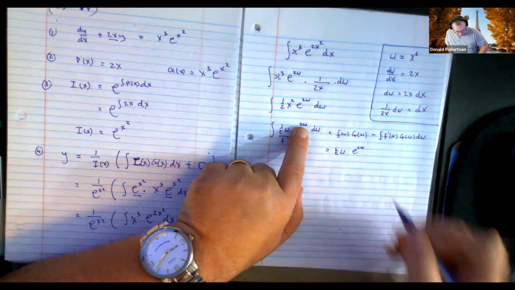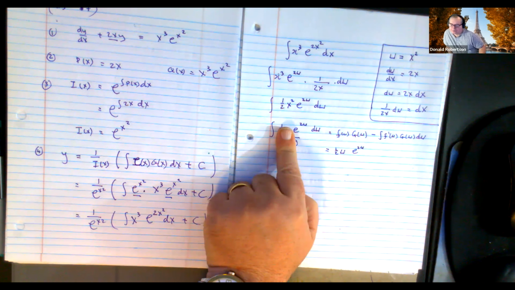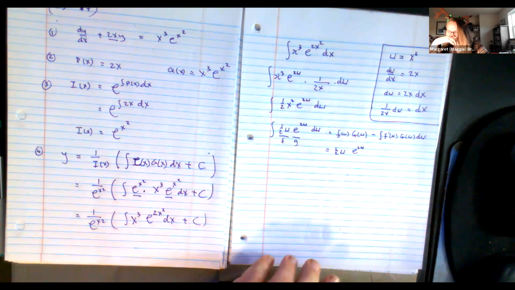What else do you get when you integrate e to the 2u? That's what you would get if you differentiated. So what will you get? 1/2. You had the wrong hat on.